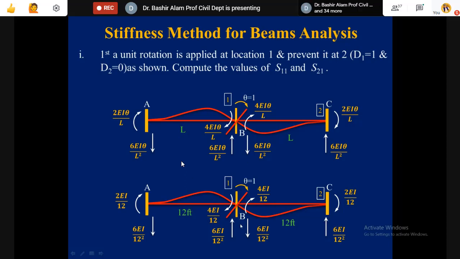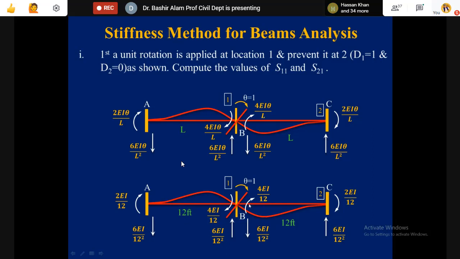Let's see specific to our problem now. Theta is equal to 1, so here it is 4EI, theta is 1, so multiplied by 1 divided by L. This L I'm saying now is the AB span. So this is becoming 4EI over L1, this is 2EI over L1. Now here the balancing couple is 6EI over L1 square.